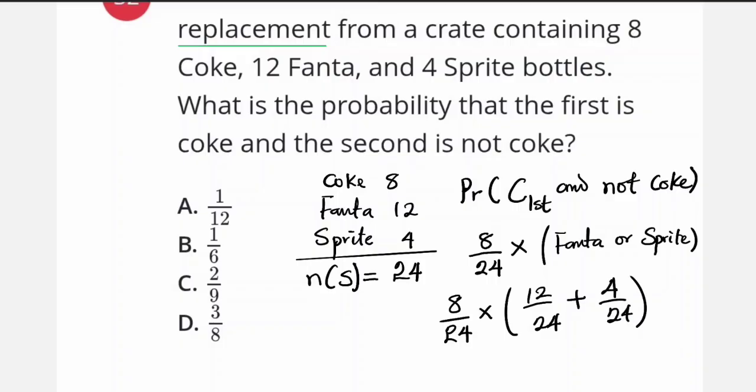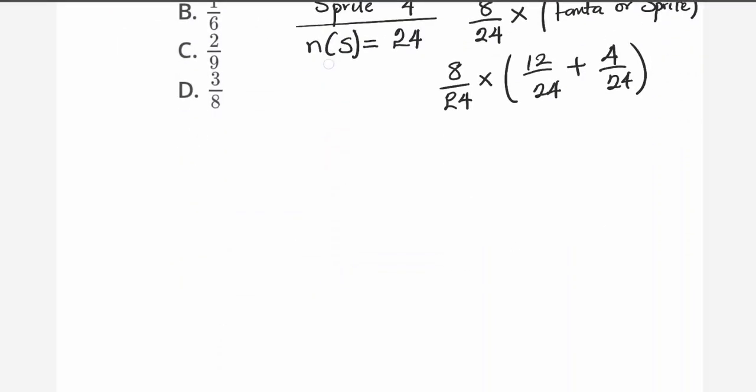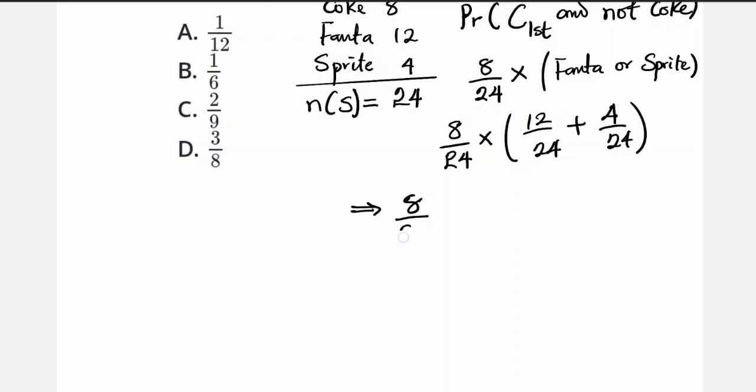So if we simplify this, we are going to get the answer to the question. We have 8 over 24, which can as well be simplified, but then adding these two fractions together, since they have the same LCM, which is 24, summing their numerators, 12 plus 4, that gives us 16.